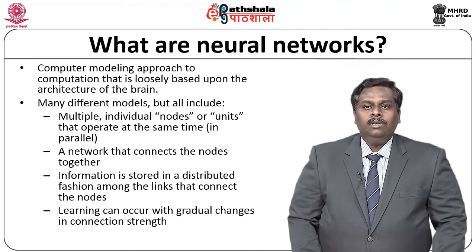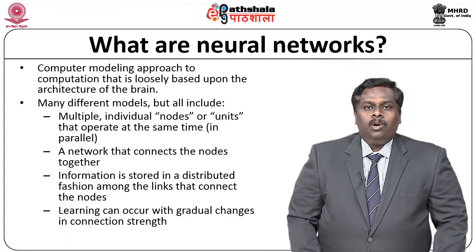To start with, we should first understand the basic computer modeling towards computational approaches. Normally, the computer modeling approach to computation is loosely based on the architecture of the brain, especially with respect to neural networks. There are many such models available, but all these models in general have the following components.